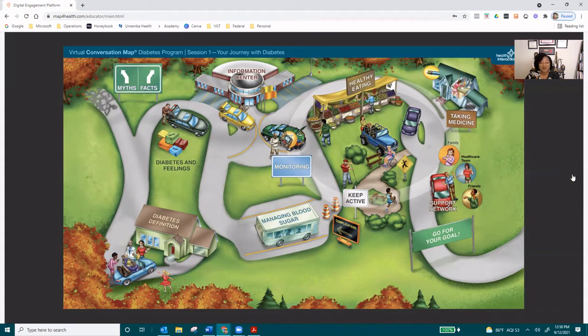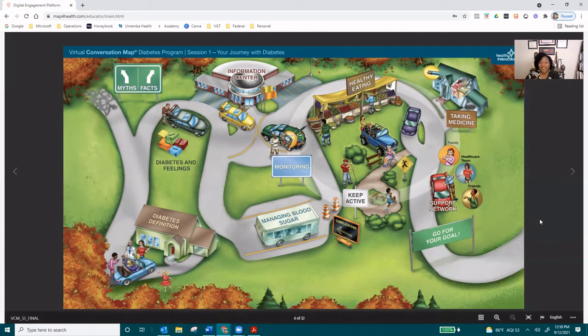This is the first conversation map that we use with session 1, your journey with diabetes. As you can see there, this is a road that has a lot of twists and turns and a lot of stops. And I love the metaphor. I love that there's a driver here, because when it comes to diabetes, you are literally in the driver's seat.